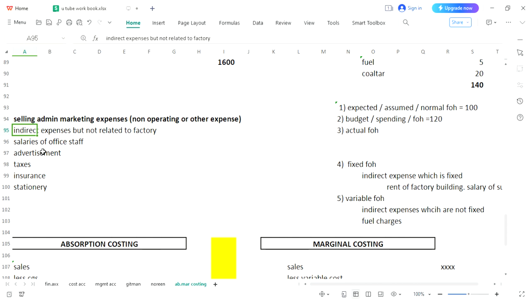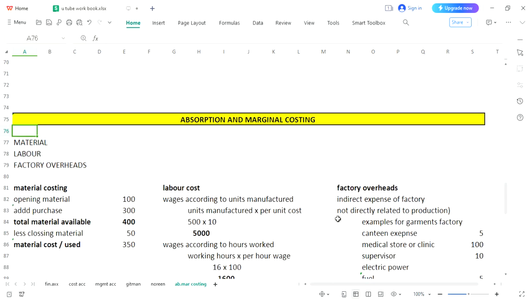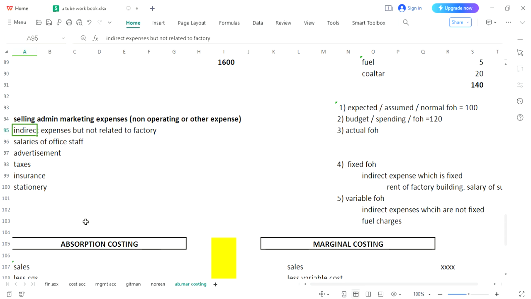Salaries to office staff: let's say your factory is present at Multan Road, GT Road, or for example Shekhupura Road. Factories are normally not present inside the city area. So the factory is at Multan Road or GT Road, where you make factory expenses, and the office is present in the city, let's say in Lahore.